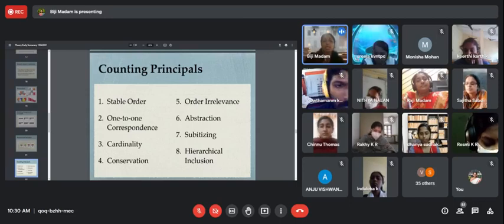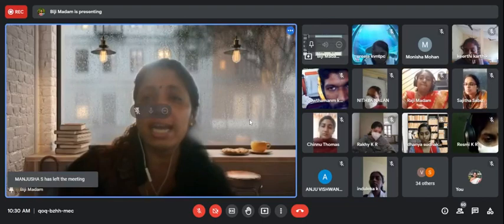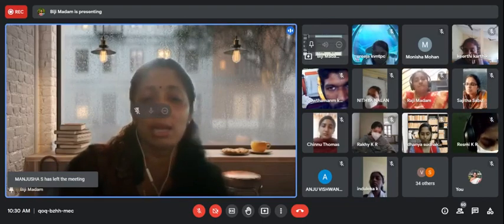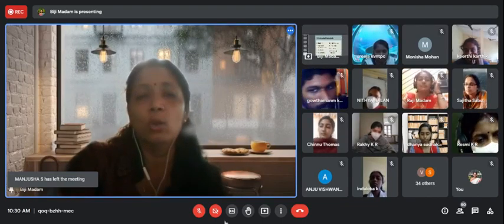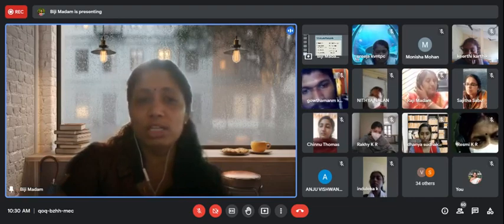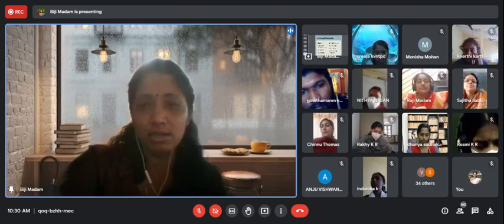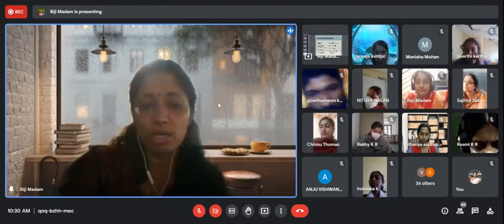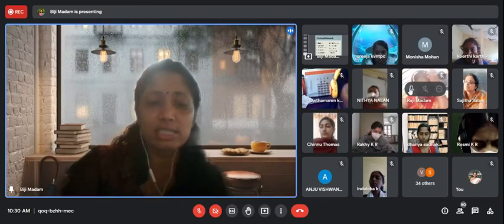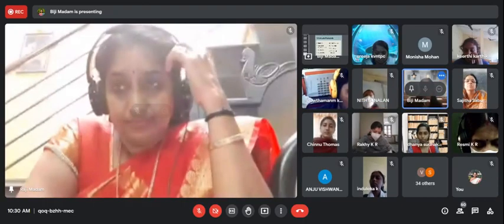Then one-to-one correspondence: the child should touch the objects and say the number name, associating the number name with objects. Cardinality: we have seen the position or the order, the label, like roll number 3 or roll number 37. That is the label of the child.